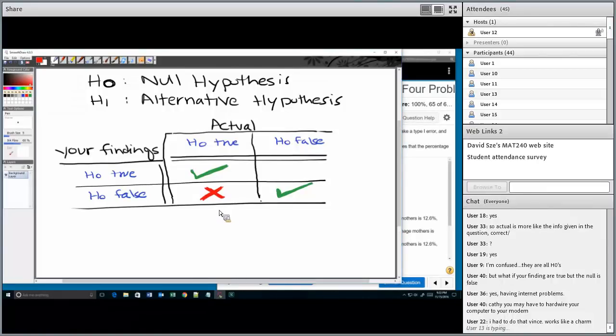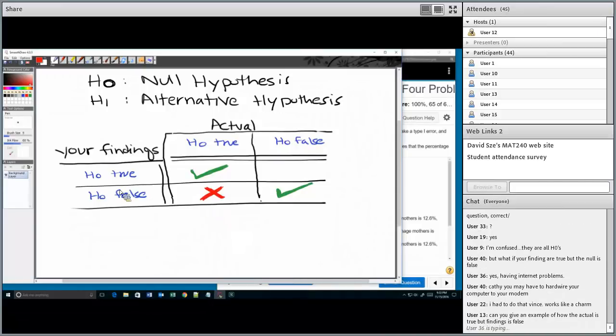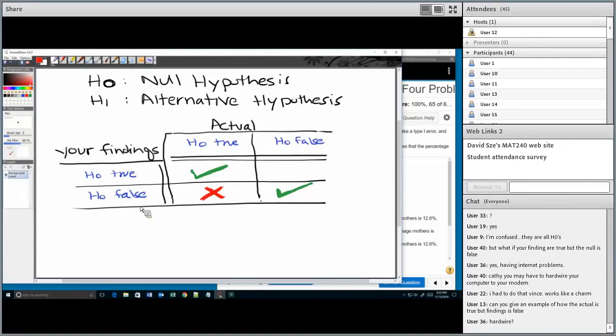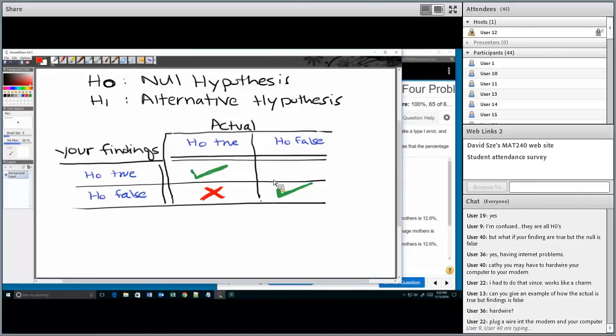You may ask why. Well, that's because the sample that you take from the population to get to your findings may just have bad data in it. Maybe you have not taken your sample properly. Maybe you've landed on only part of the data.